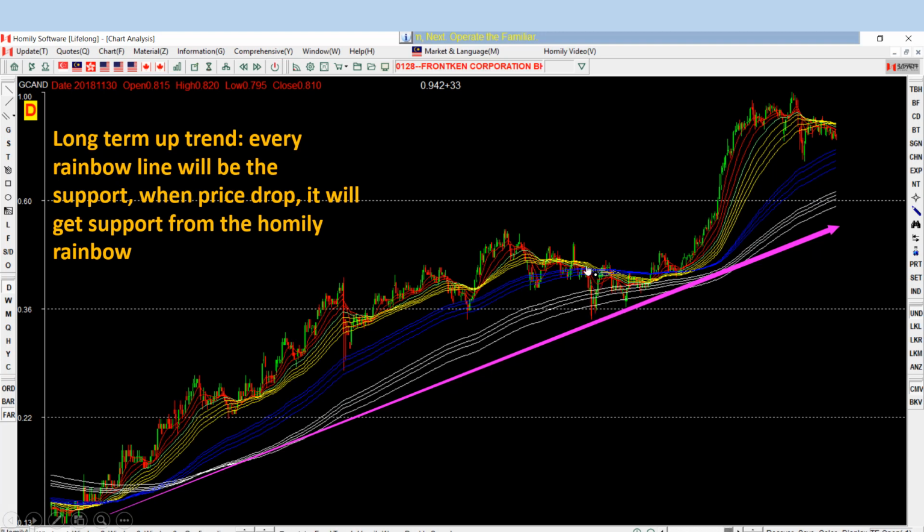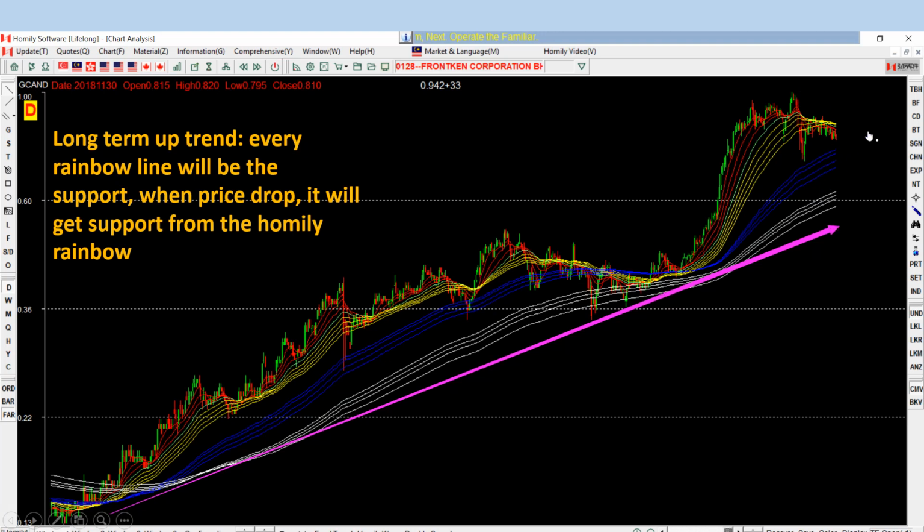And next, if it has already dropped below the blue line and the yellow line, you need to consider the white line as the important support. So here you can see the stock dropping at the white line. Then when the price breaks out the yellow line again and starts to rise again, a medium term uptrend starts again.